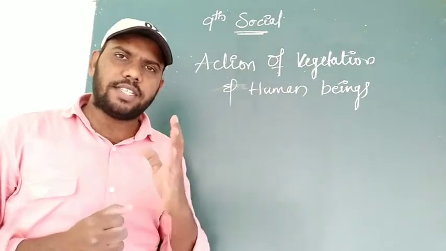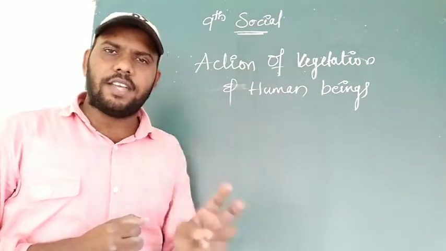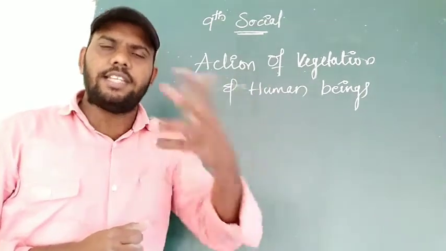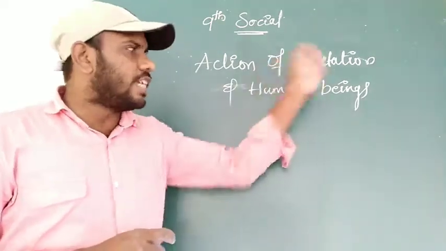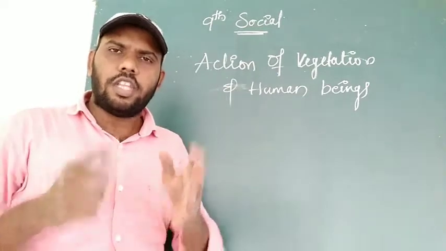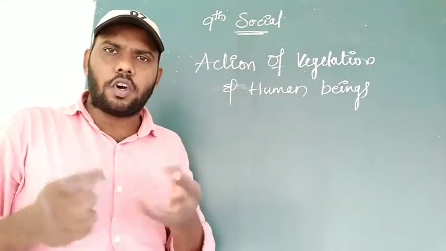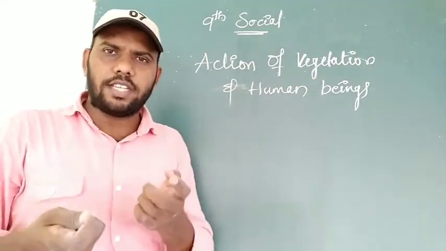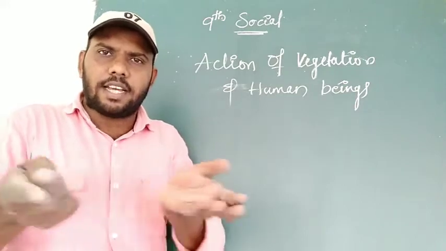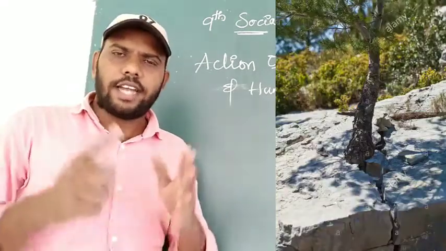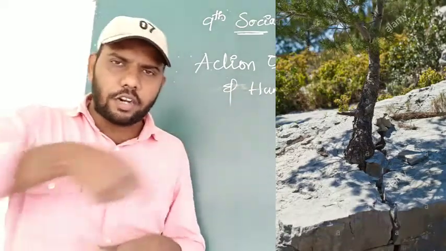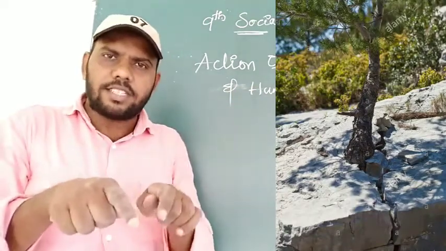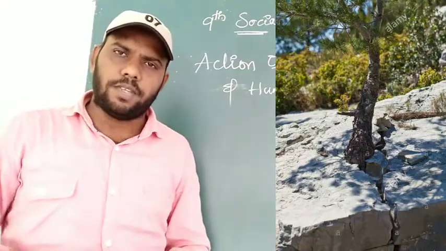So till now we studied the work of water, rivers, glaciers, waves. They change the shape of the landforms. Now the vegetation, the plants. You know, when very big trees grow, the roots of the trees start to break the rocks. You can see in our school also there are big trees. The rocks surrounding the trees are broken by their roots.